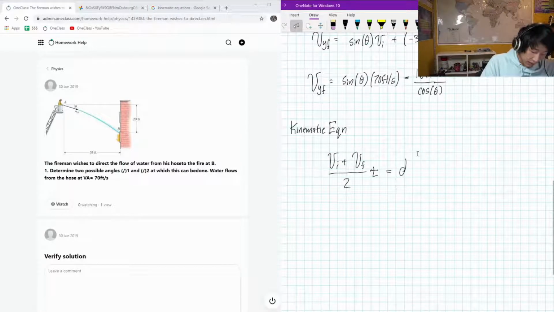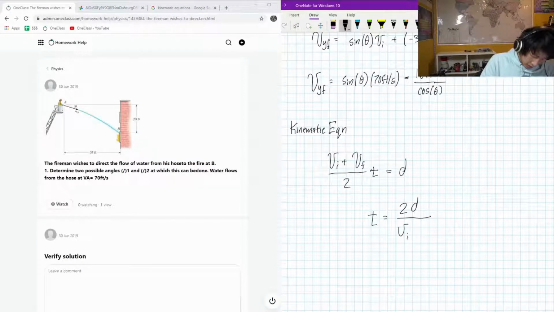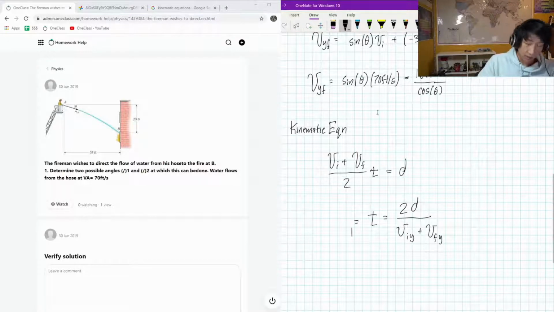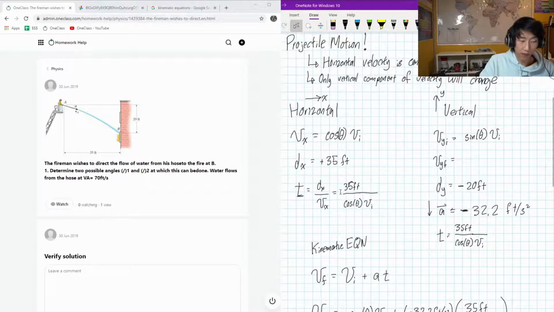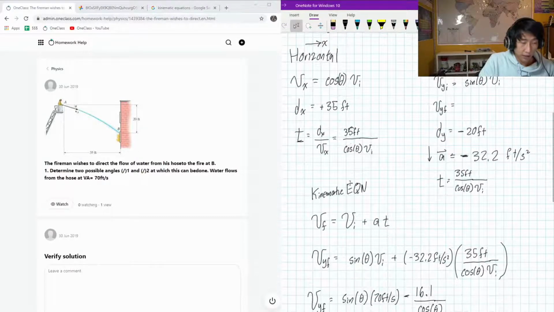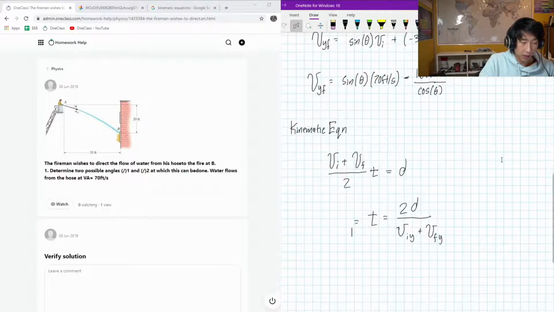So to isolate t, you can see that t is just going to be equal to 2d over Vi y plus Vf y, and these are both going to be equal to the other time, the other way that we calculated time, because the time has to be the same for everyone, is going to be 35 feet divided by cos theta times Vi.